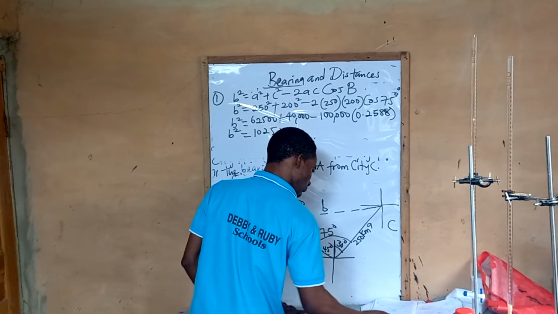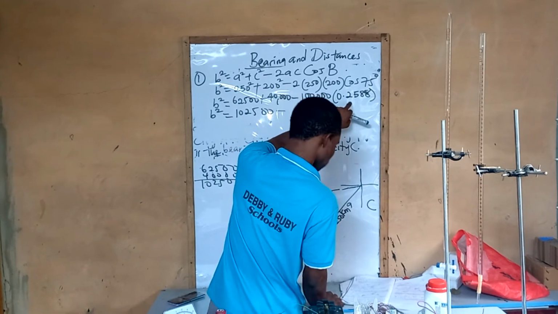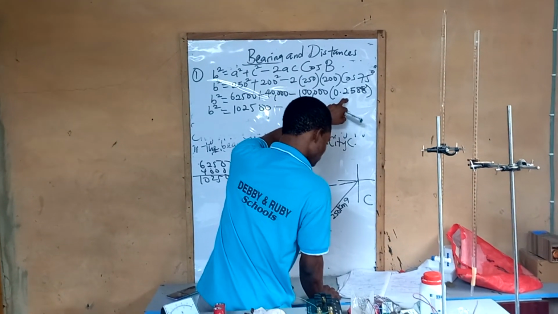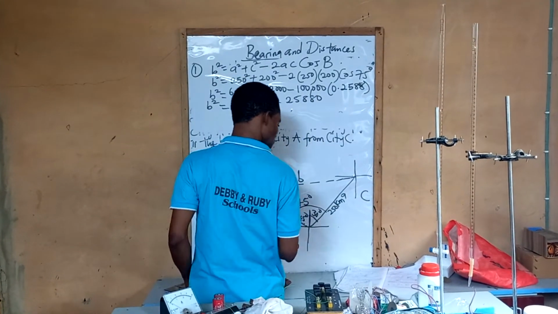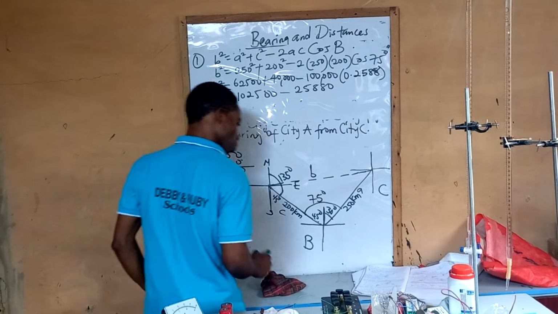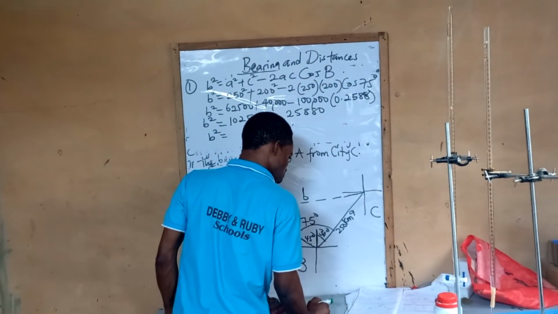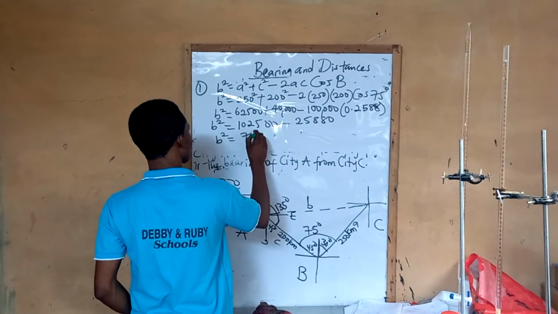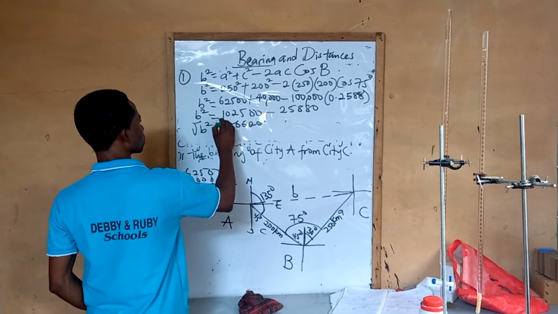So when we multiply this by this, 100,000 times this gives me 25880. The b squared equals, when I subtracted it, 76620. So I have to square root it.